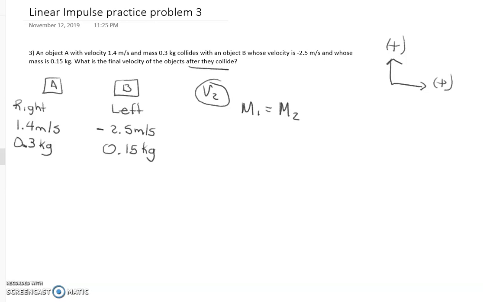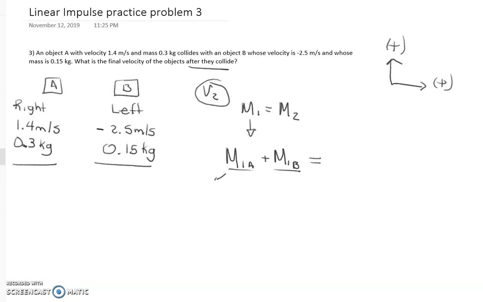So over here, they're going to have the addition of their masses, but only one velocity. Okay, so if we expand this, we're going to have the momentum of A plus the momentum of B, and it's one here and one there because it's before the collision.